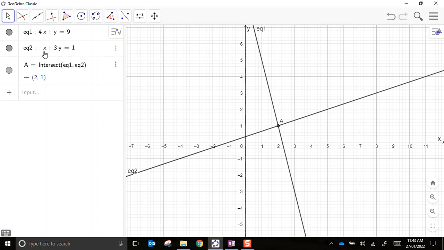And then equation 2, negative x plus 3y equals 1, that's this one over here. Now I'm sure you would be familiar with the fact that we could solve those two by Gaussian elimination, and we would come up with the solution that matches the intersection point of these lines here. So x would equal 2 and y would equal 1, just like the computer has shown us.